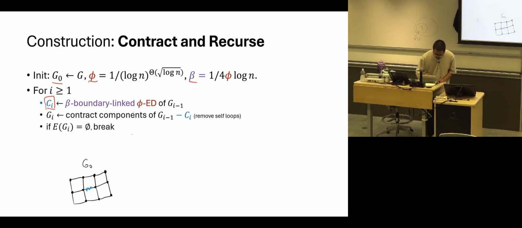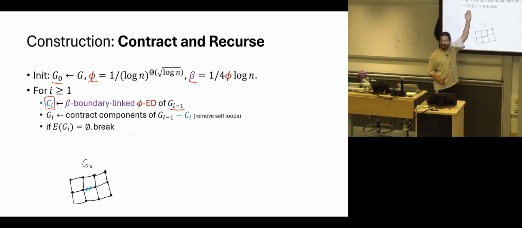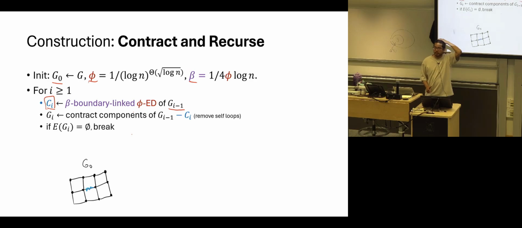This is the one from the last slide, and the parameters phi and beta are just like in the last slide.